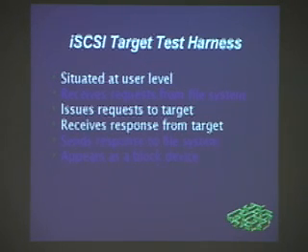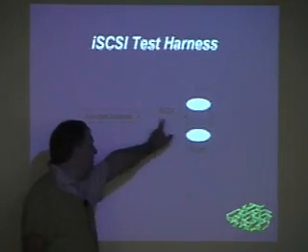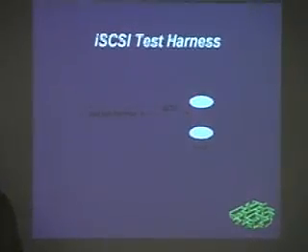It's just a plain dumb test harness. It's very much the same as what an initiator does, except it doesn't do anything with file systems here. So the test harness, all it's doing is sending stuff across the internet to the target.